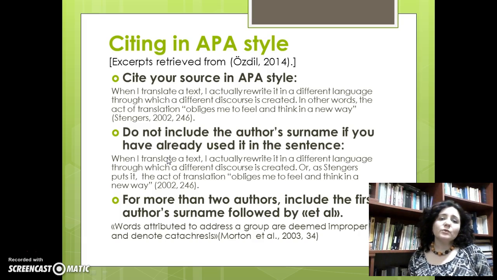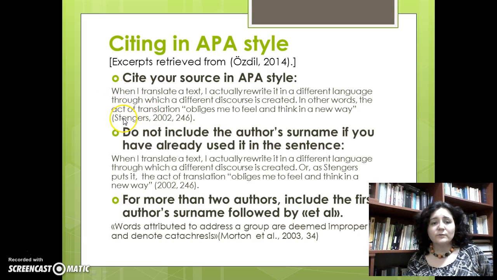Okay, so let's go to how to give in-text citation in APA style. It's very simple, it's very easy to do. For example, this is taken from one of my students' MA papers, master's course papers, and this is the citation she uses. Now, this is her quotation.